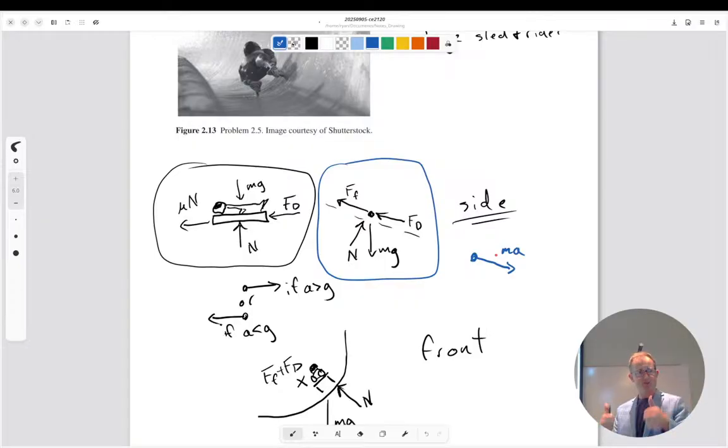Like increase our drag by a factor of 50. Do we still have ma pointing down that way? No? So we need a new definition of forces and kinetic diagram here.